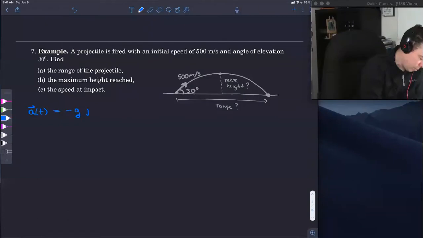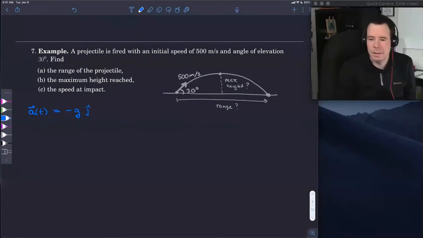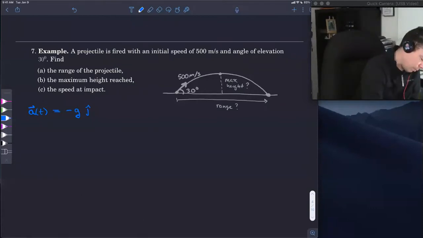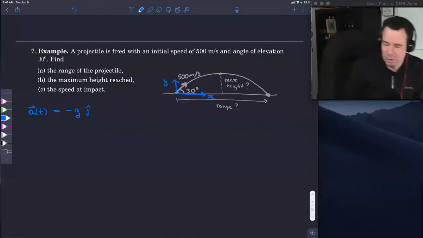So this is happening in the downward direction. There's our j hat. So I'm imagining I'm throwing some coordinate axes into here. Well, actually, let me just throw them in the spot that makes the most convenient. So I'm throwing some coordinate axes in here, our y-axis and an x-axis, and I'm taking the origin to be the launch point of the projectile.